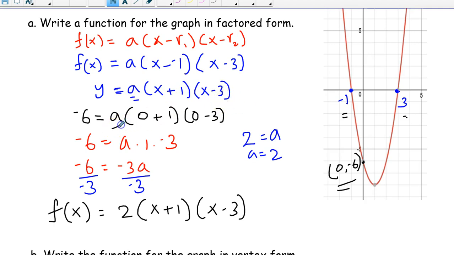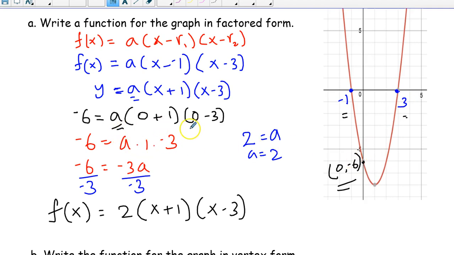Now in order to find the value of a, we selected one point from this graph. Out of all the points, to us this is the easiest point. Other than these x-intercepts, I cannot use the x-intercept because y becomes 0 and it won't make any sense. That's why take any point from this graph, leaving those x-intercepts. So other easy point is y-intercept.